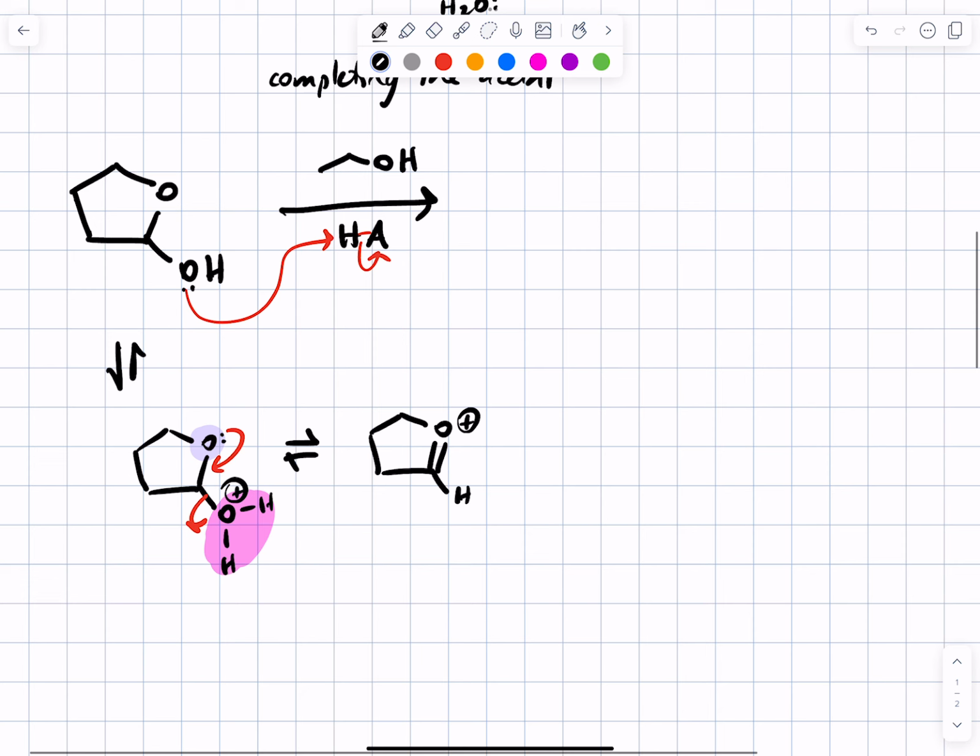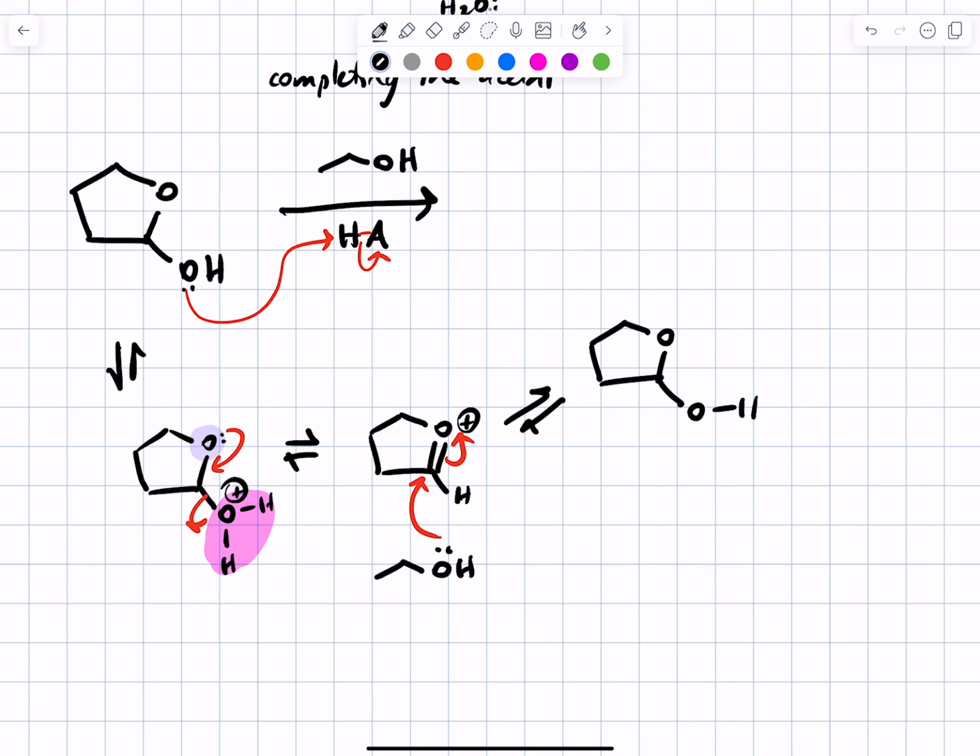All right, that's now reactive enough for the OH group to attack the carbonyl carbon to generate this intermediate, and then the conjugate base of our acid will remove a proton to give us the final product, which looks like this.